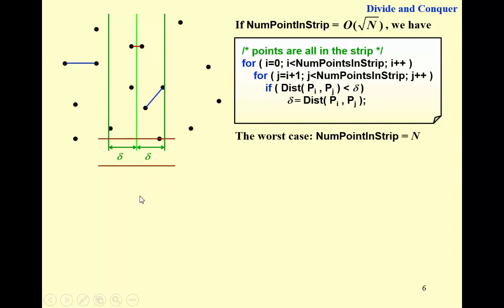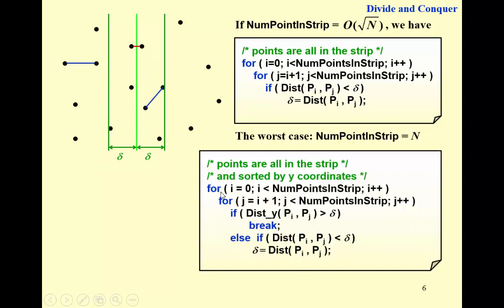Okay, and therefore we have this nested for loop, and we say that the total complexity is big O of n. Why? Because the worst case is like this.